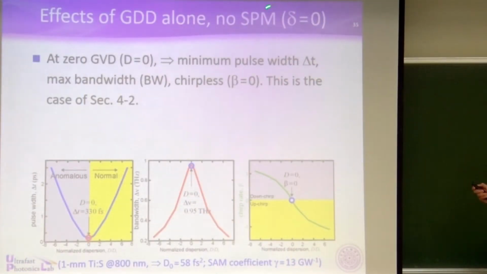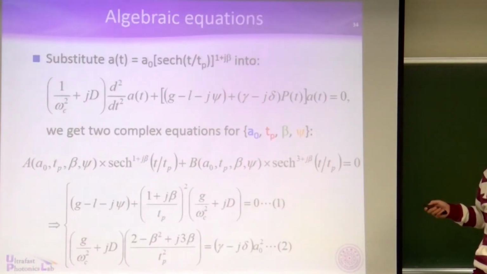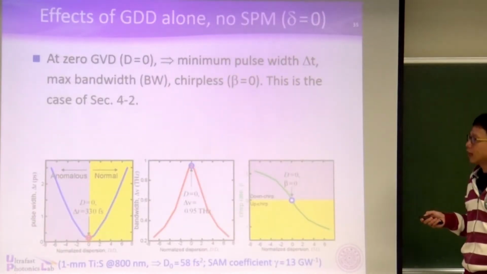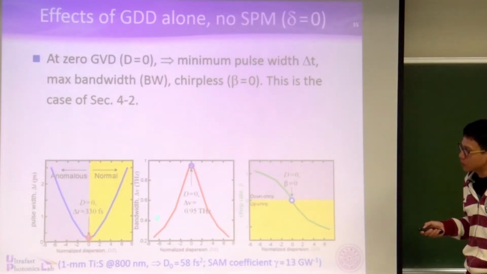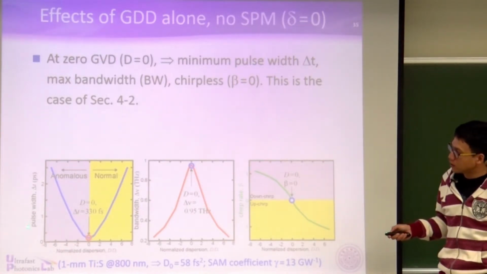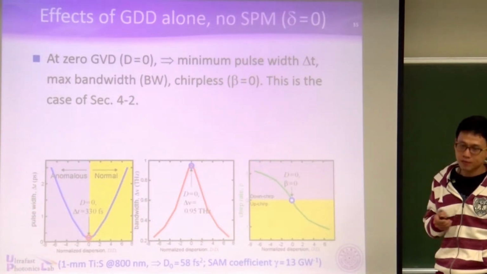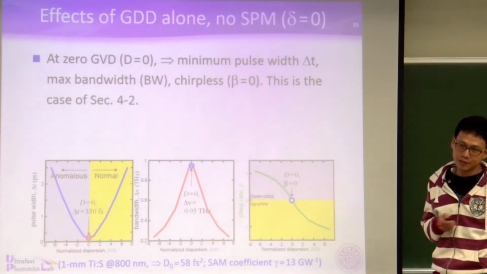First, we assume there is no self phase modulation, so the delta coefficient is 0, only focusing on what happens when your group delay dispersion changes. I use computer simulation, actually just solving equations 1 and 2 numerically. In the first figure, I plot the steady state pulse width versus the GDD.